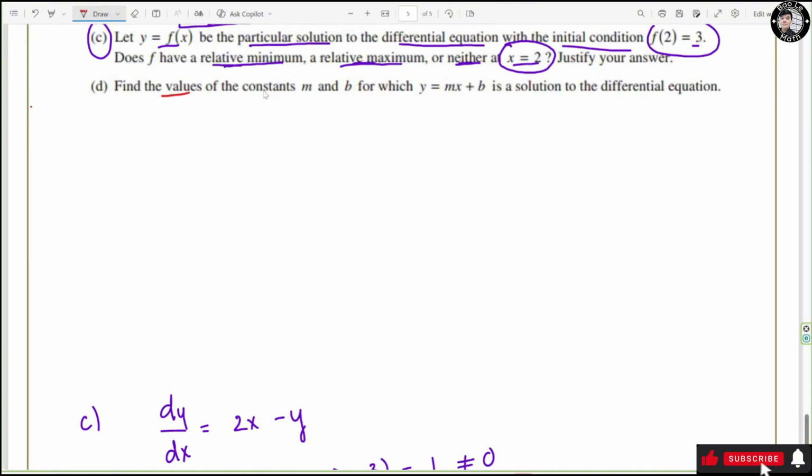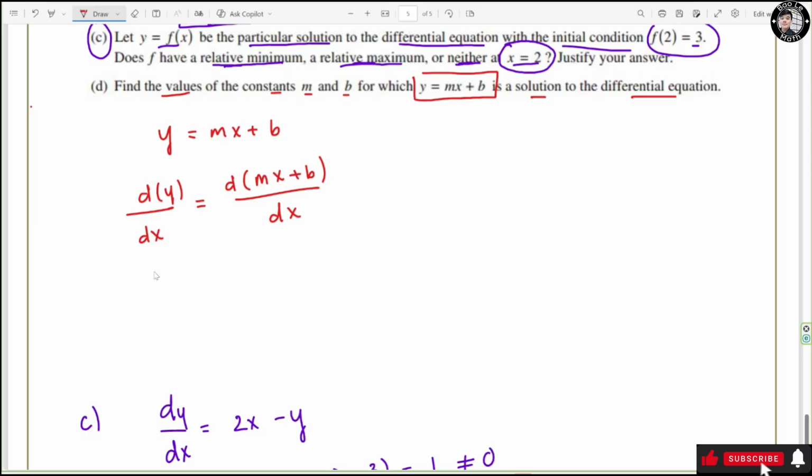Find the values of the constants m and b for which y equals mx plus b is the solution to the differential equation. Alright, so we have y equals mx plus b, right? We need to take the derivative of both sides with respect to x, right? So this guy becomes dy over dx equals, the derivative of this one is going to be m, the derivative of this one is going to be 0, right?